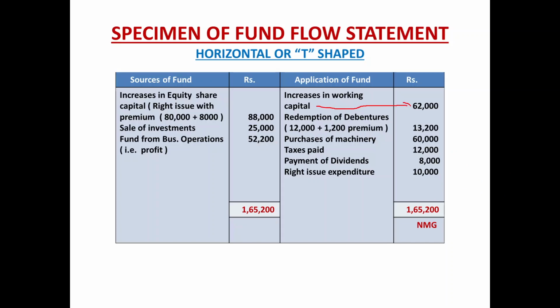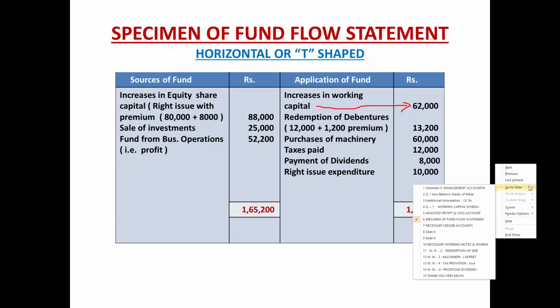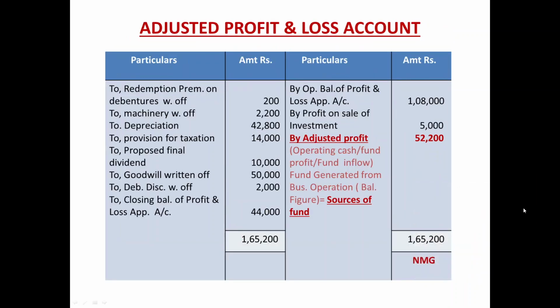See over here, increases in working capital as an application of fund, rupees 62,000. So this was the working capital schedule and its final answer that we reported in the fund flow statement as an application of fund.